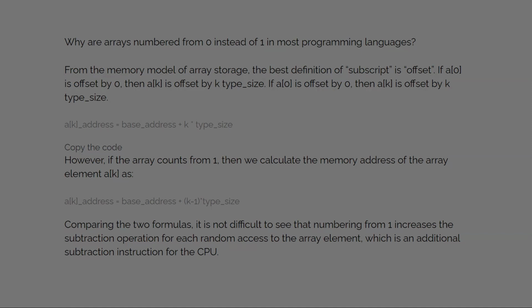Comparing the two formulas, it's not difficult to see that numbering from 1 adds a subtraction operation for each random access to an array element, which is an additional subtraction instruction for the CPU.